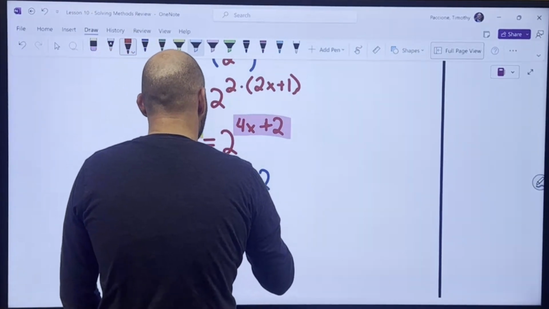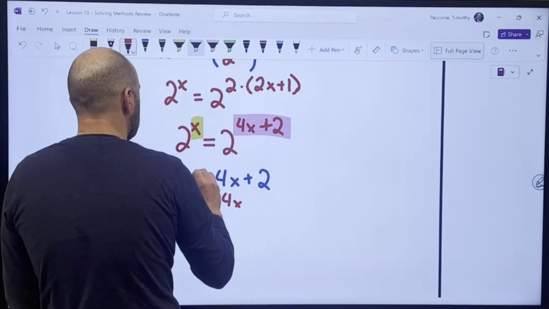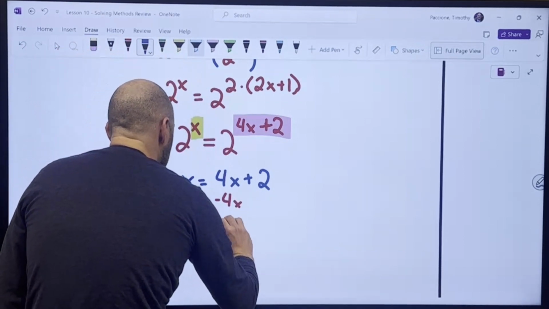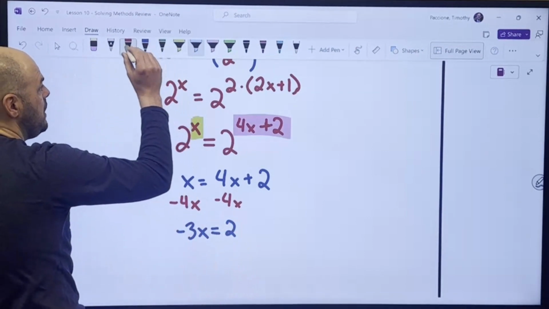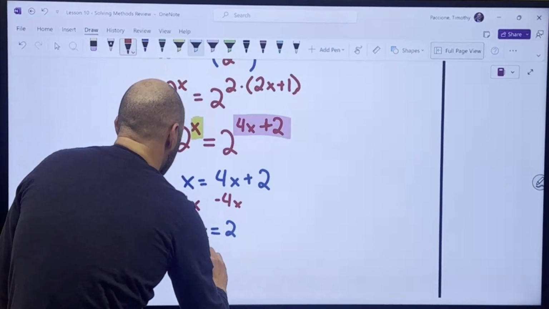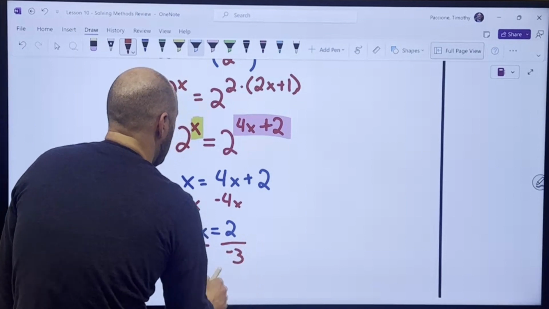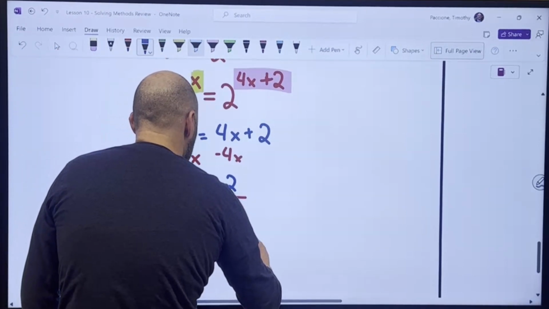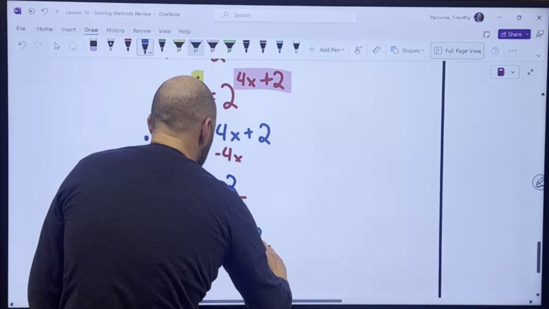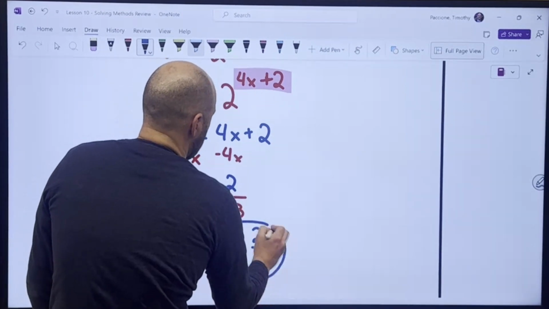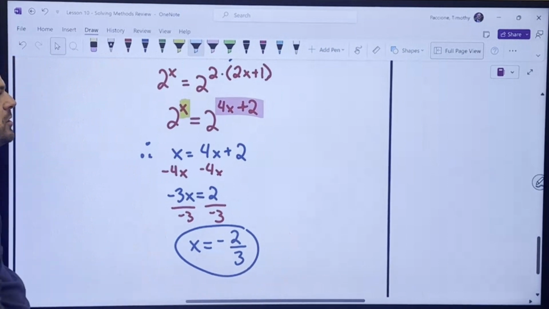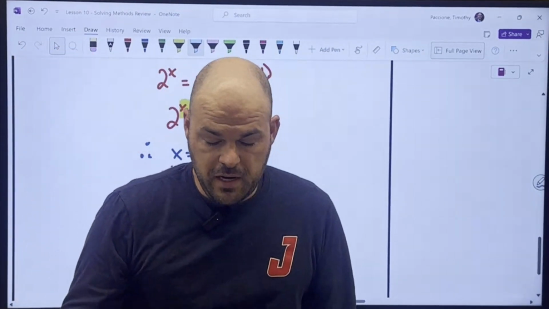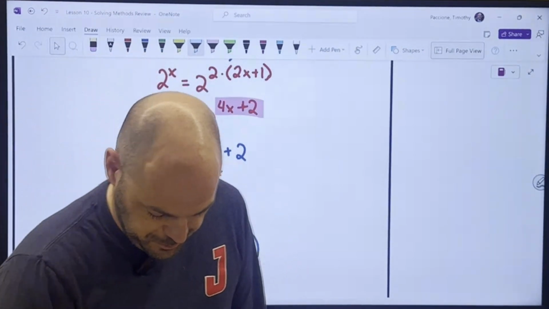Minus 4x, minus 4x. I get negative 3x equals 2. Got to get x by itself, so I divide by negative 3, divide by negative 3, and that gives me x equals negative 2/3, right? And I can plug that back in, make sure it's true, okay? So there's your second scenario. You got common bases and common logs, okay?